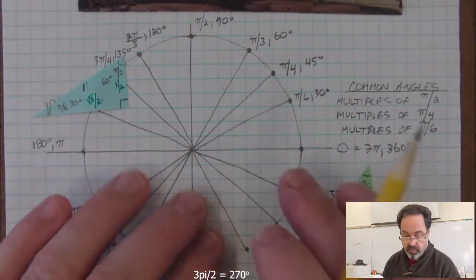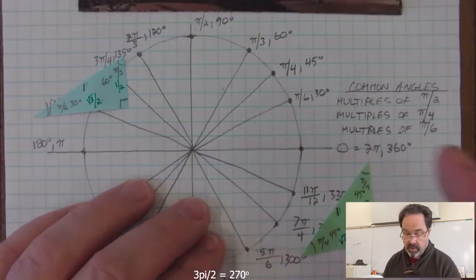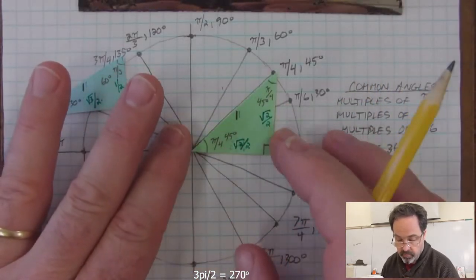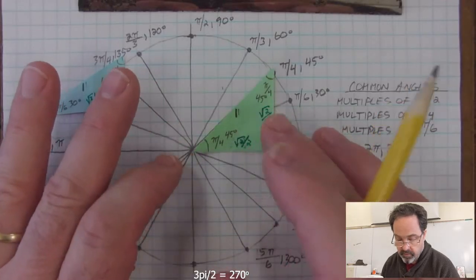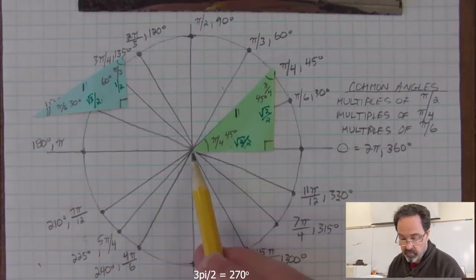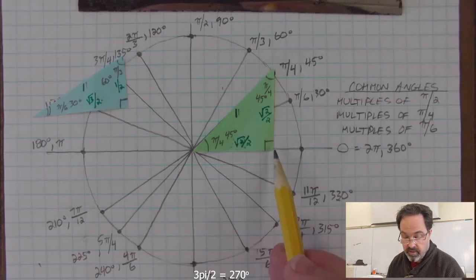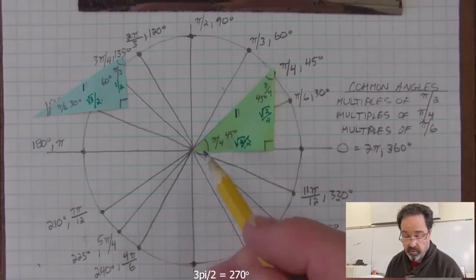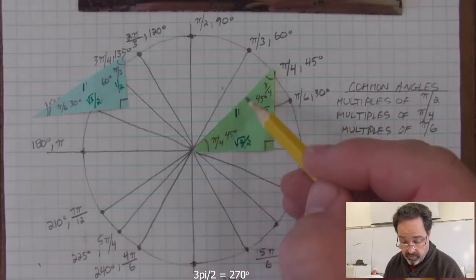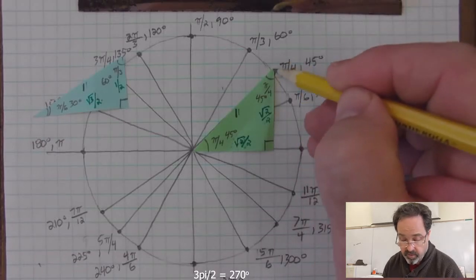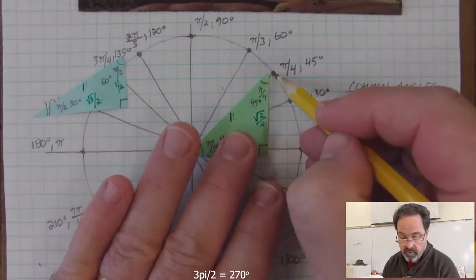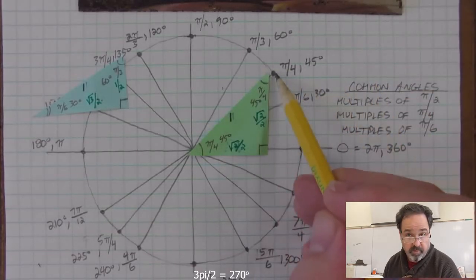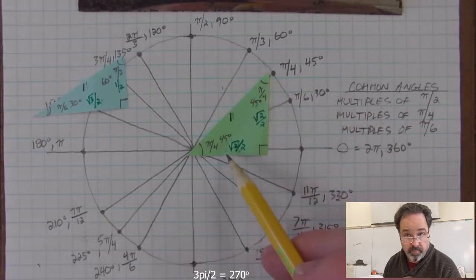If this is a unit circle, it has a radius of 1. And I've made these triangles so that they fit in our unit circle. So if I set the triangle here so that the leg is along the x-axis, the hypotenuse, with a measure of 1, is also the same as a radius that makes this tip of the triangle the same location as this point on the circle. I can find the coordinates of this point from the legs of the triangle.